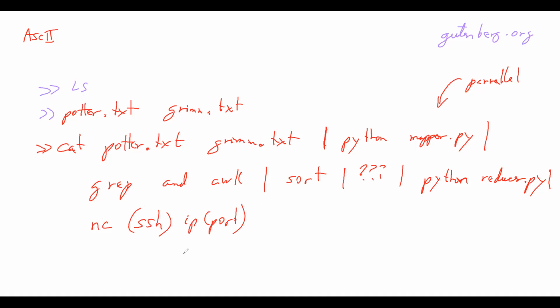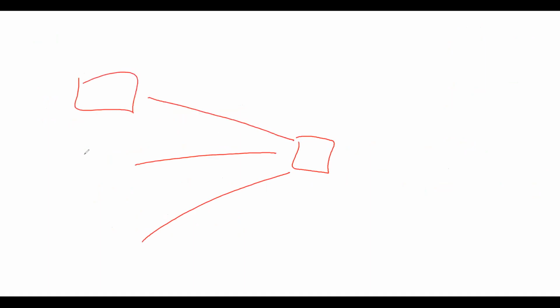It accomplishes that we can do the processing in one computer and then send the results via Netcat to another computer in the network. So ultimately now we have a mechanism where we have a central computer that receives the results from 3 computers. So basically what we're doing is we're creating our own little Hadoop, right?